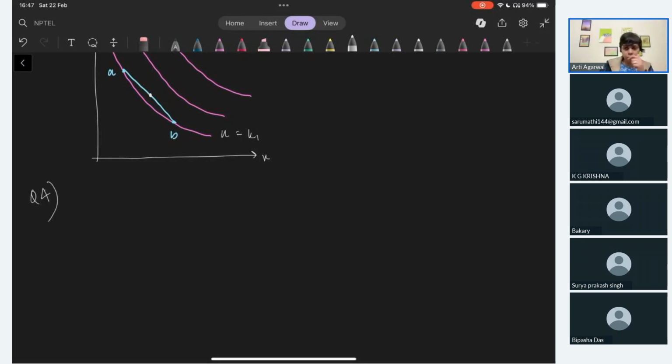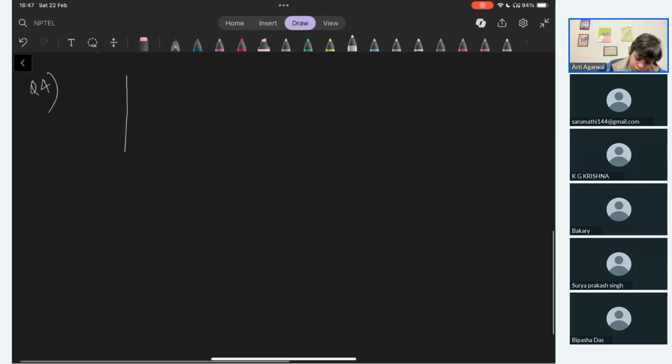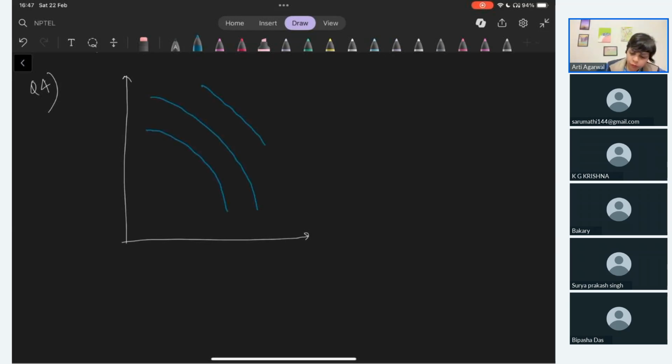So let's draw the diagram. Something like this, and preferences are increasing in this direction. This is cookies. This is milk.